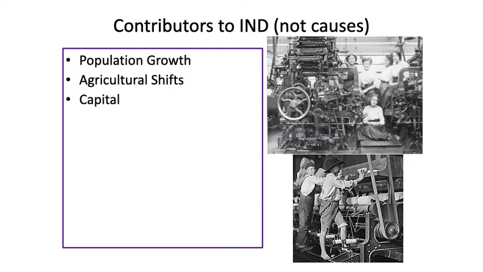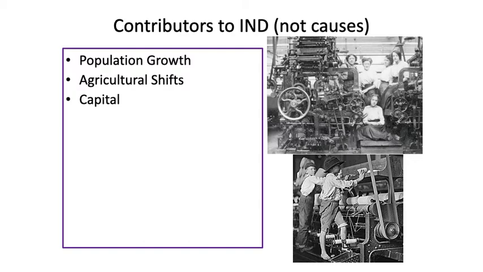So what you find is that England and France and eventually northern Italy and Germany, certainly Belgium and the Netherlands before this, and the United States is kind of a latecomer. There has been a process by which certain members of society, not all of society, were able to accumulate wealth and capital. And this is an important ingredient in the process of industrialization.